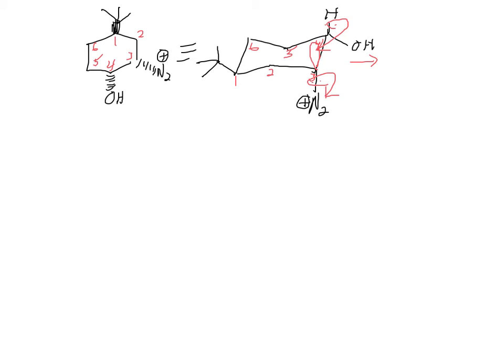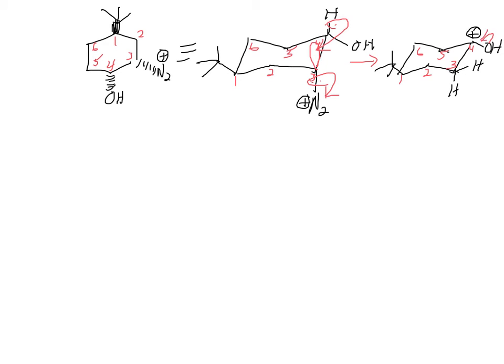So what do you end up with? Not a ring contraction, anything cool like that. You end up with H's on here, a plus charge here with an OH. We number our carbons: 1, 2, 3, 4, 5, 6.